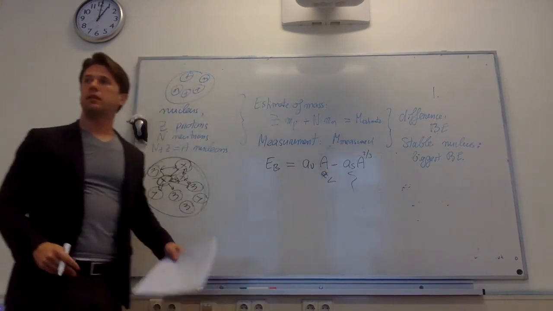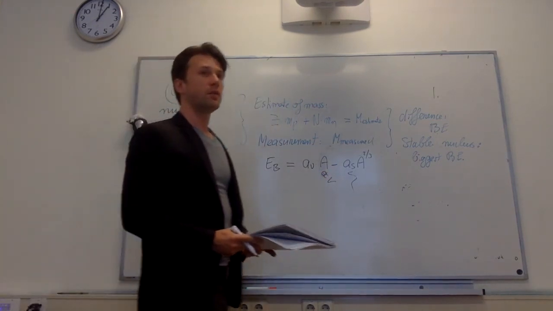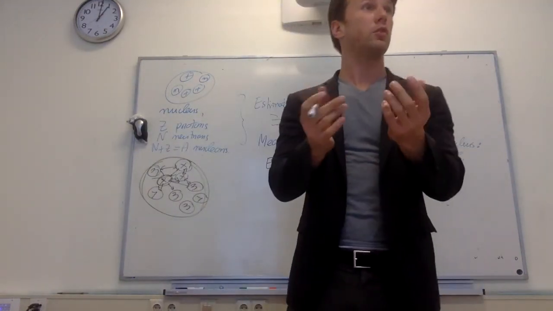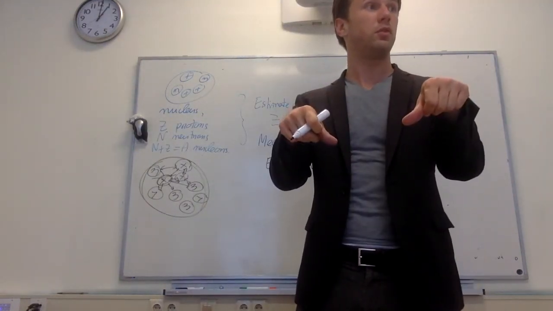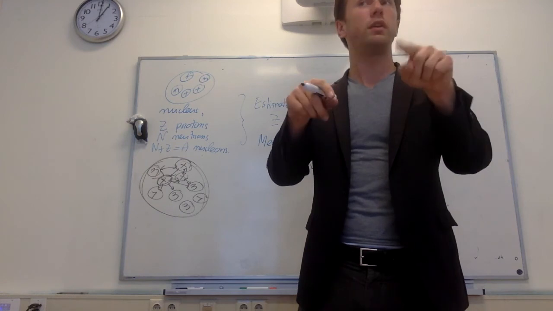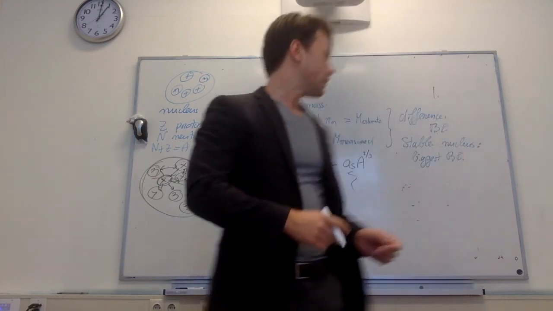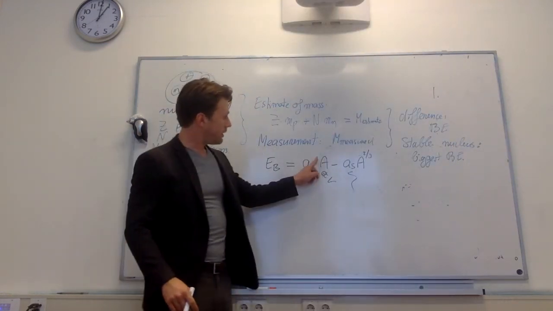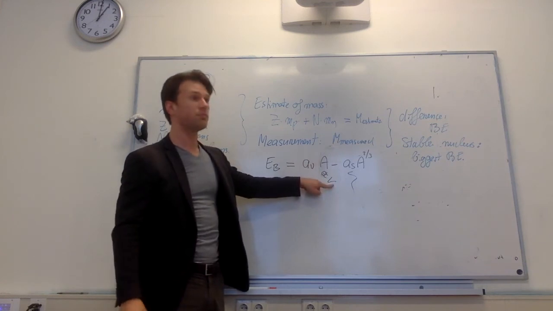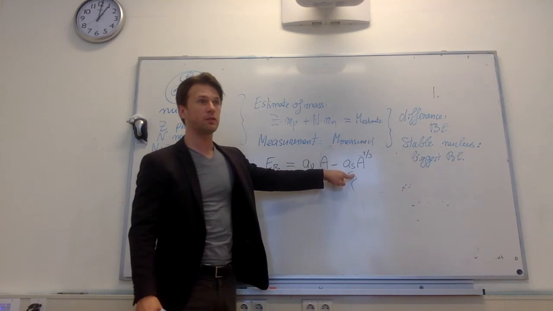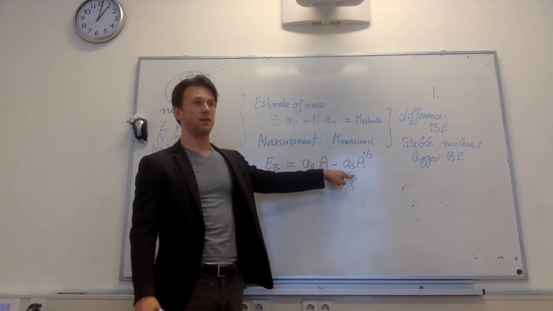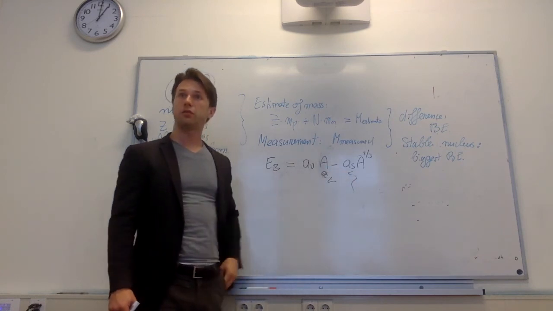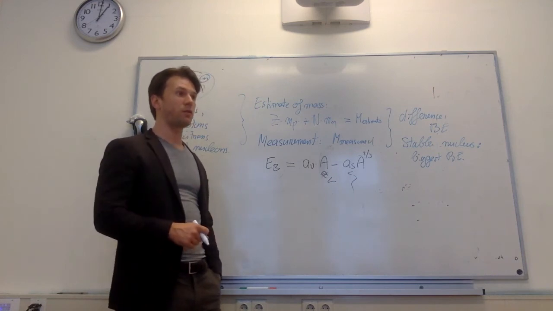Just a second ago, I told you that the amount of nucleons is a measure of the volume. The more volume you have, the more nucleons you could put in there. We're now talking about only nucleons at the surface. Now, if this is a volume, meter to the power 3, and you want to look at surface, then it's 2/3, because a surface goes with meter to the power 2.